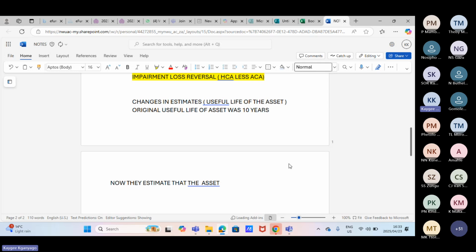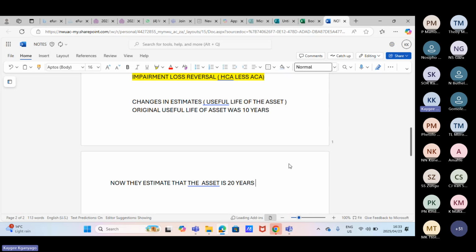Now they estimate that the useful life of the asset is how much? Can someone give me any year? It can be more or less. Shall it be 11? It's too close. 15 years. Okay, 20. 20 years. That's what they mean by changes in estimates.